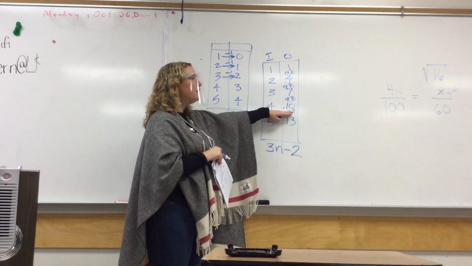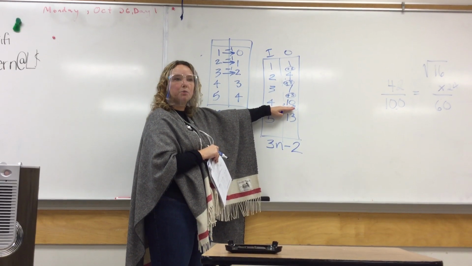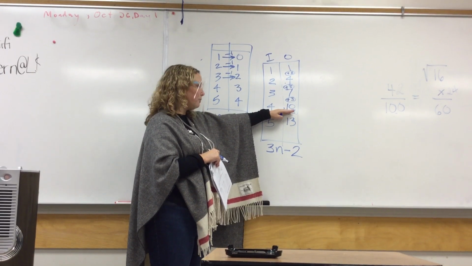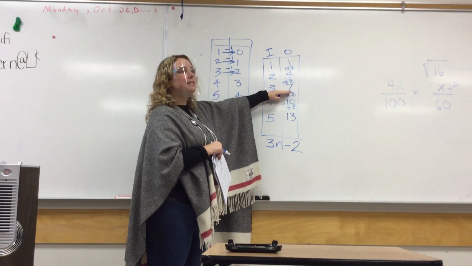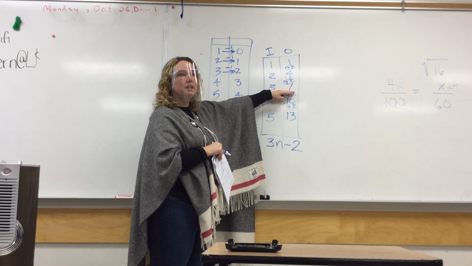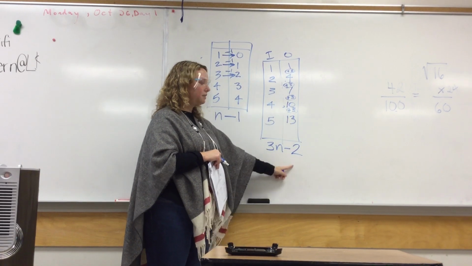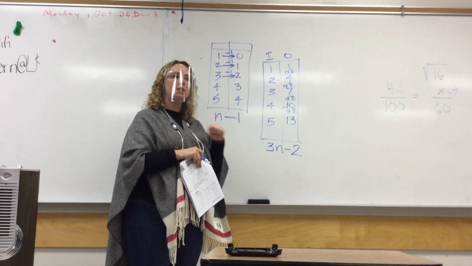Let's try it with this one. 4 times 3 is not 10. What is 4 times 3? 12. How am I going to get it to 10? Subtract 2. 3 times 3 is not 7. 3 times 3 is 9. How am I going to get to 7? Subtract 2. So this is how you're going to come up with the 2-step rules.